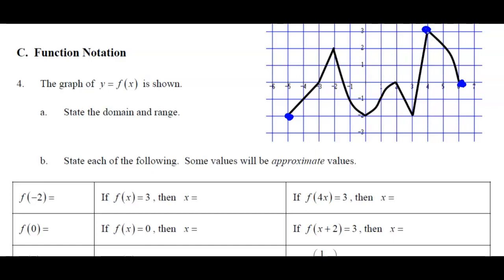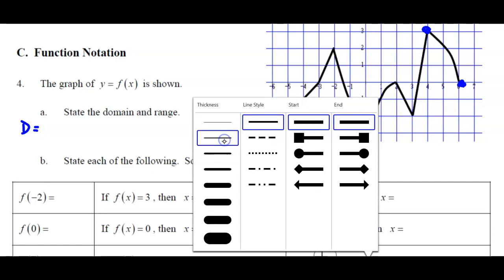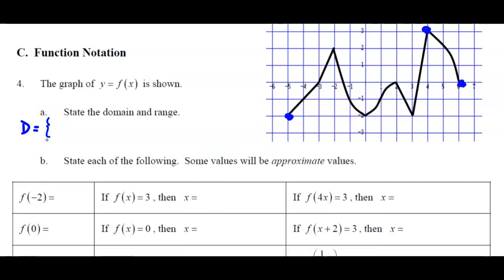So in what we call set builder notation, our domain, let me just make this a little thinner, squiggly brackets, x, and I like to look at what's the smallest value of x, what's the biggest, and write those numbers down in order with space in between. So -5 is the smallest, 6 is the biggest. So -5, 6, space in between, then I put x in between that, because if nothing's shown there, that's the default variable, x, and then always opening to the right.